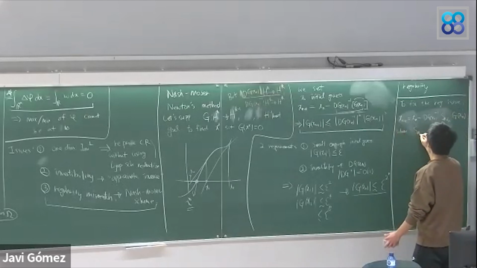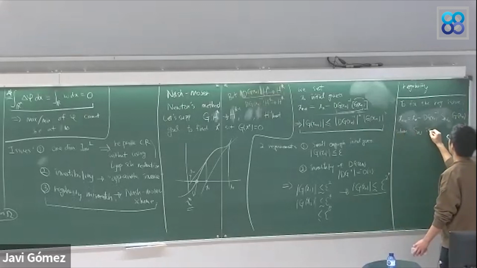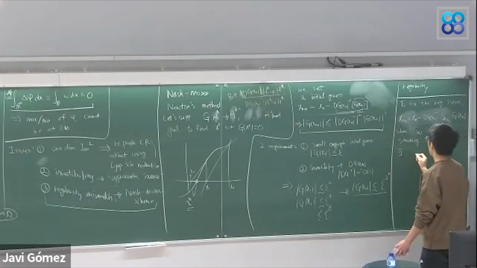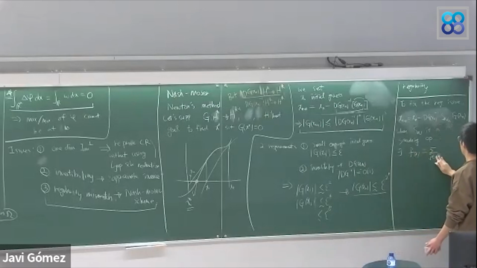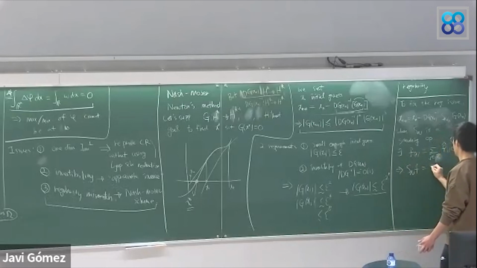S_n is a smoothing operator. For example, given a function on the torus, S_n of f takes only finite frequencies.